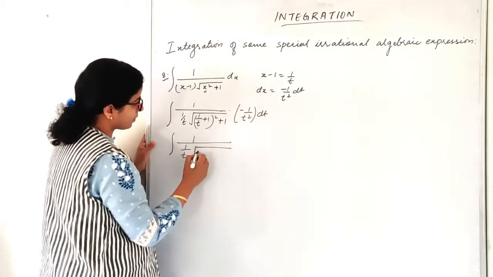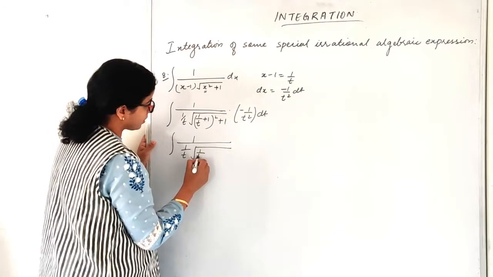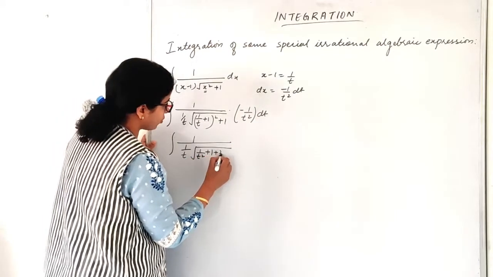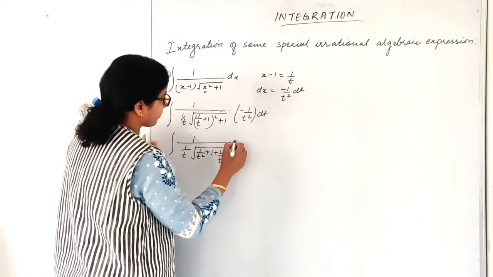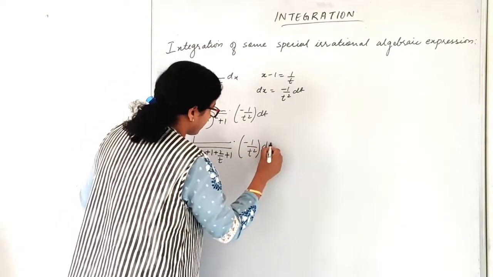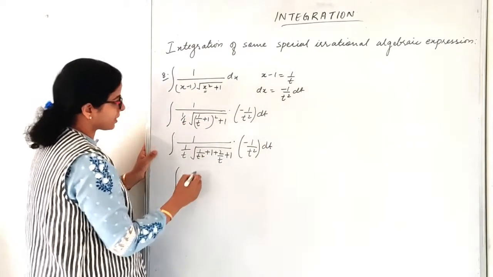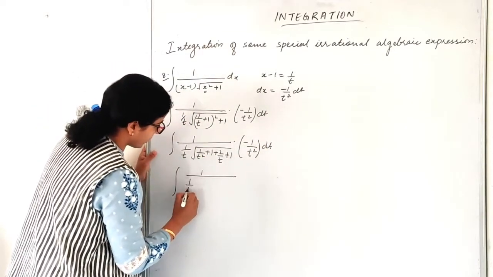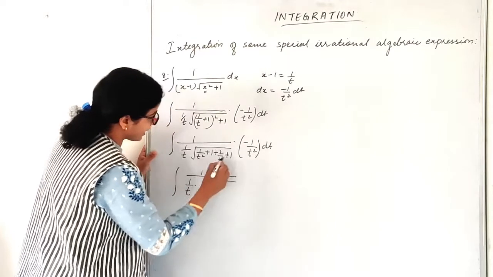If you solve it, what will you get? 1 by t square plus 1 plus 2 by t plus 1, into minus 1 upon t square dt. Right? So I can write it 1 upon 1 by t square. Take the LCM and solve it.